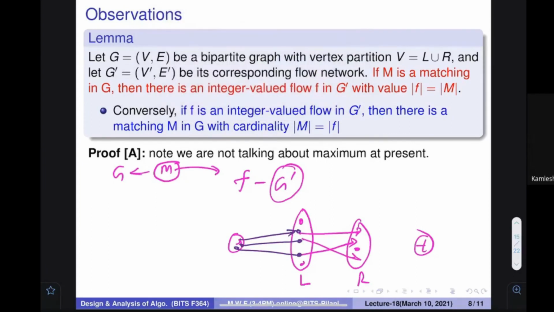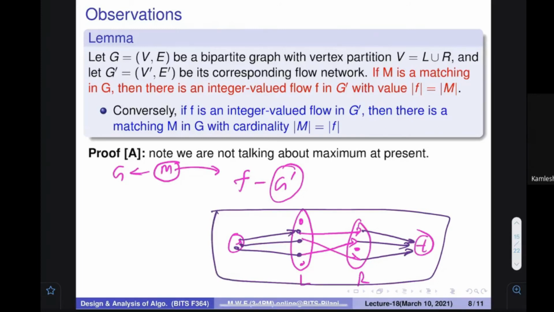And all the things which are here, I would connect them with T. In this way, I can create the flow. If I create the flow this way, how much is the flow? I'm claiming that it is going to be equal to the number of edges in M.